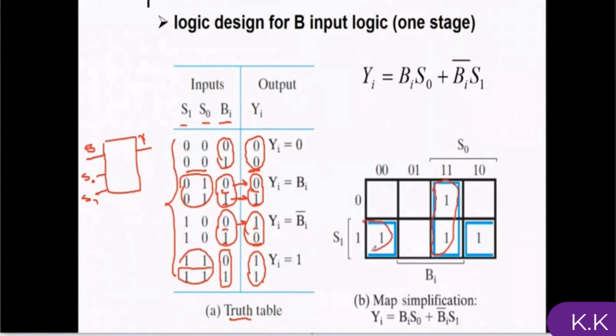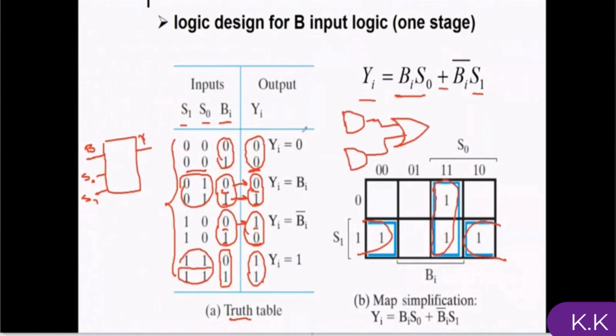When S is 1 0, the output should be B complement. So 0 changes to 1, 1 changes to 0. After you find the output of the combinational circuit, you can use K-map to simplify the circuit.